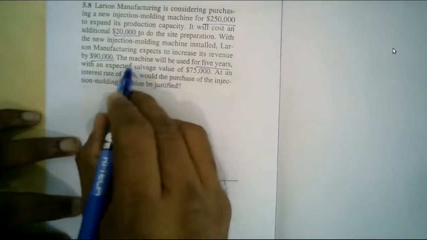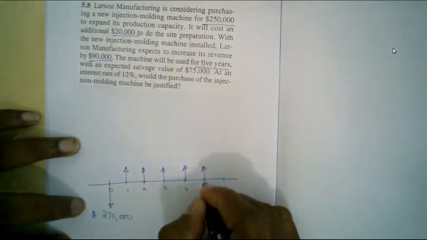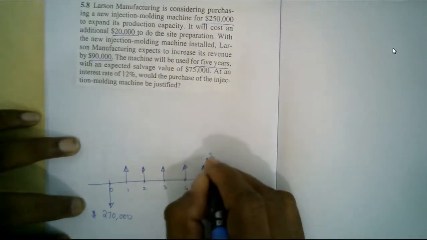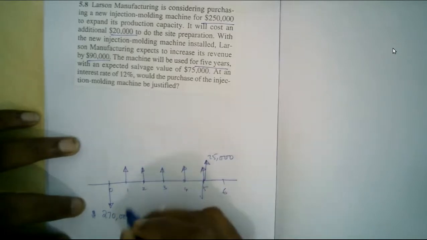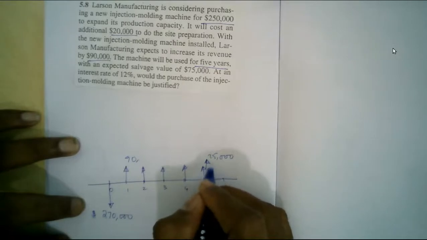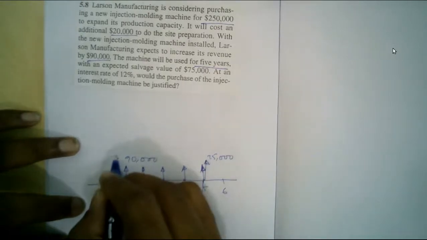So it's only 5 years actually. The expected salvage value of 75,000. At the end of the 5 year, I will also get positive 75,000 as a salvage value, and then this is 90,000. Actually, this should be bigger, $90,000 per year.